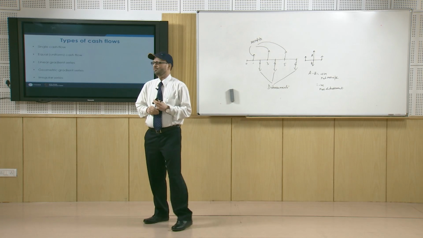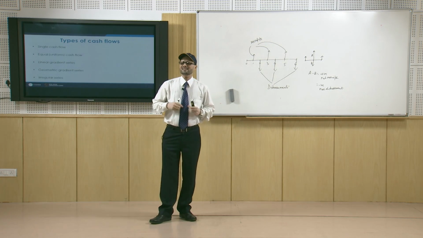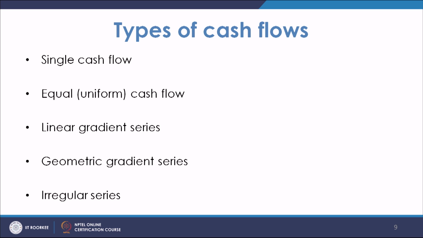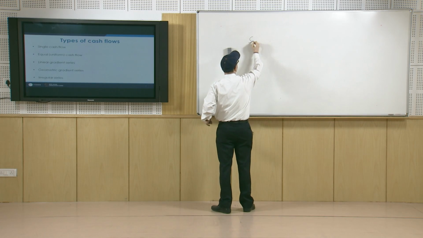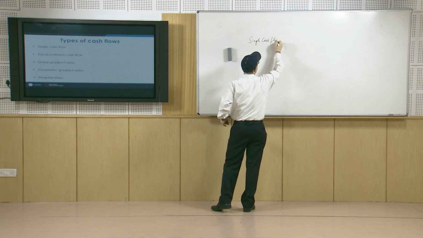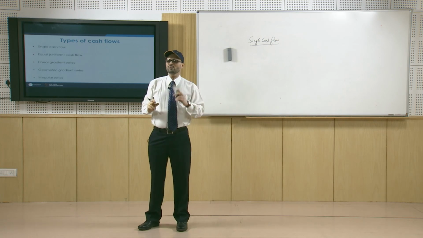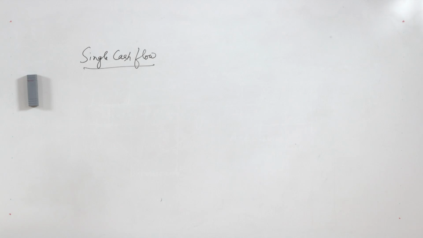Now, types of cash flows. There are different types of cash flows, and under that you have single cash flow. Let us see what it means. A single cash flow means the cash flow diagram will have only one receipt and only one disbursement.